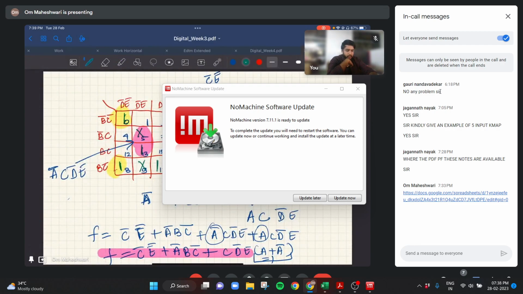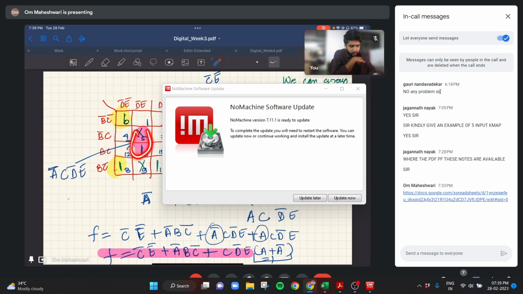So the thing to note is just we can group corresponding pairs in both K-maps together.